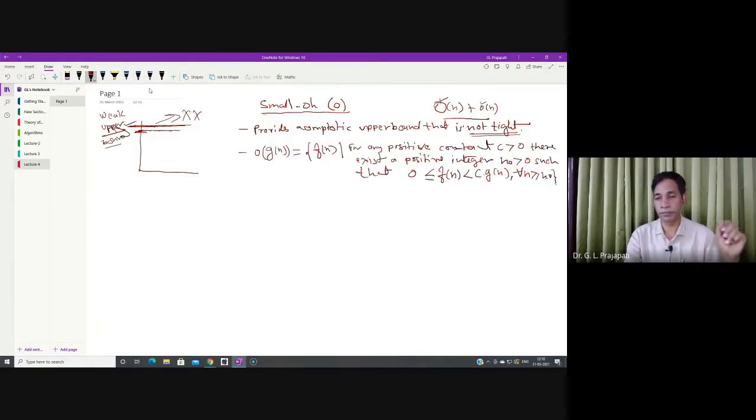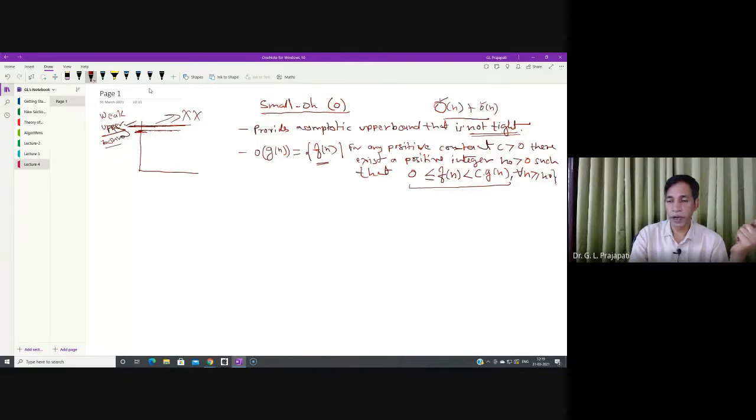We have the notion of this, and once you see this carefully, you will come to know that f of n is less than c into g of n. In the case of the big O notation, we have mentioned less than or equal to, but in the case of small o notation, f of n will be here when this condition is satisfied.